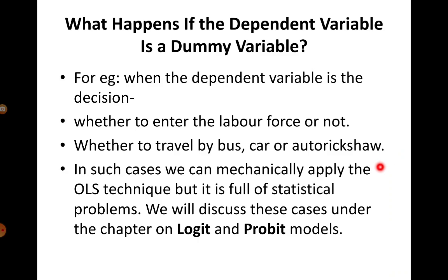hypothesis testing and making inferences. So whenever your dependent variable becomes a dummy variable, you will have to let go of the OLS technique and go for logit or probit models. These are 2 models that we'll be discussing in the next module.